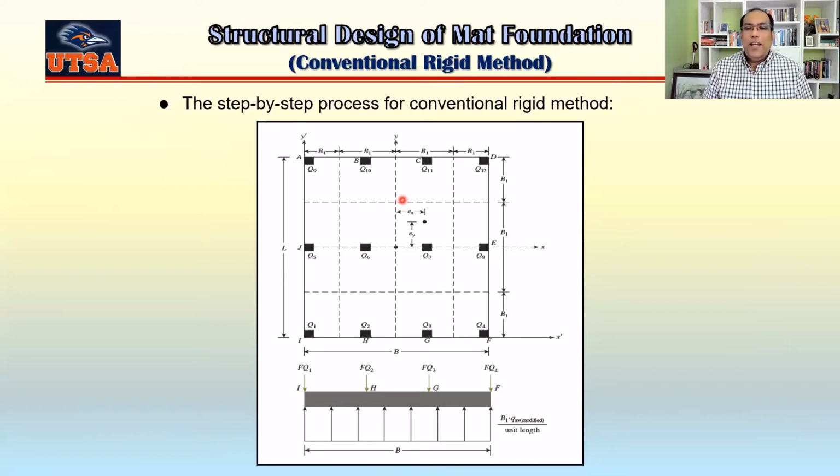You can take a look, that would be much easier to solve. I don't see any reason why my X and Y bar has to be here. I can just put X and Y here, take the moment and find out EX and EY directly, okay? So there is no need to have that X prime and Y prime because I already know this is the center of the slab here, okay?